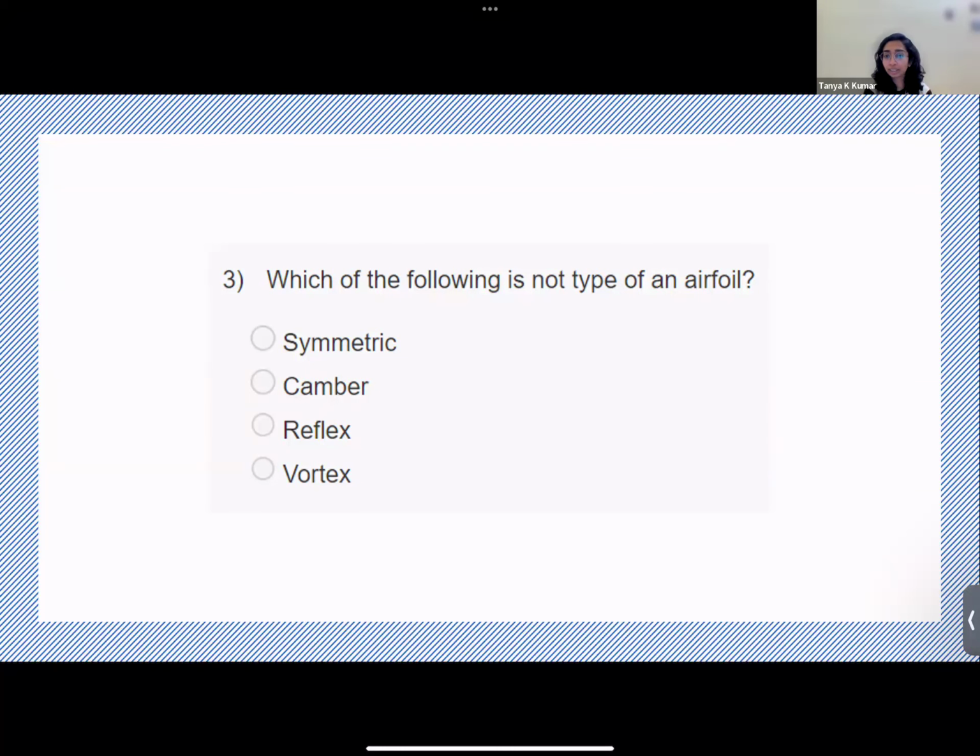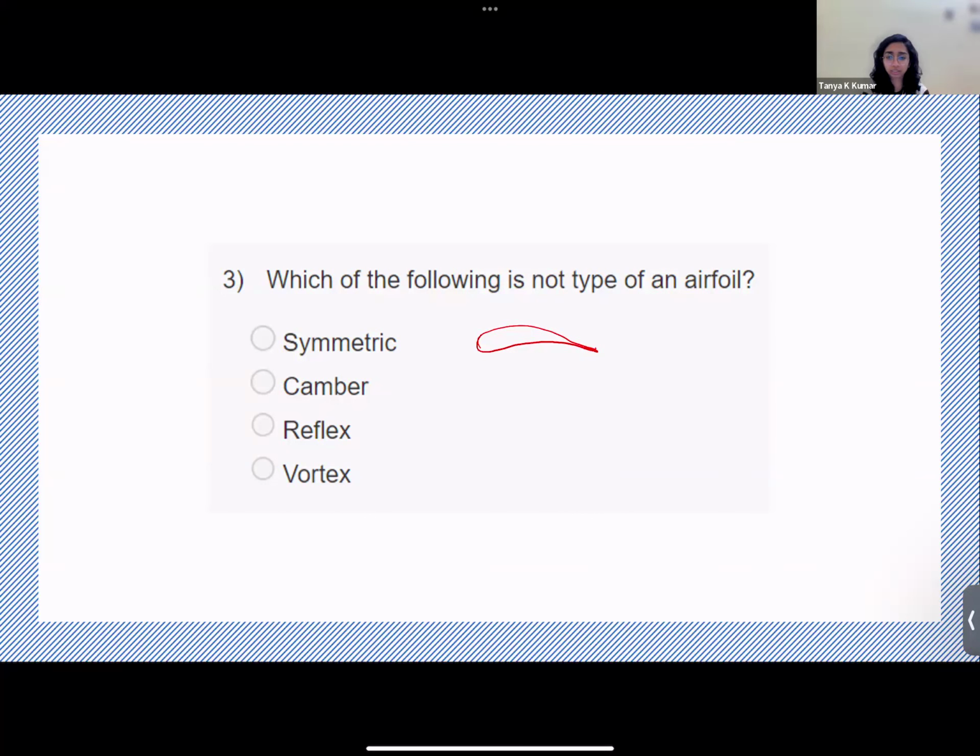Now, cambered airfoil exists. Okay, Satvik, this is a positively cambered airfoil. We just discussed it during the airfoil nomenclature and the terminologies related to airfoil. We have been discussing this throughout this course. So what is vortex then? Vortex is not a type of airfoil.